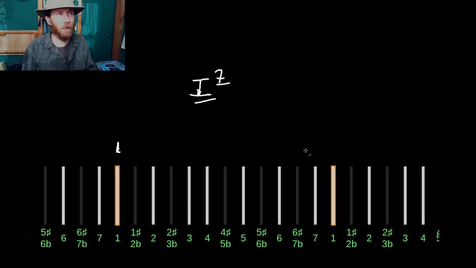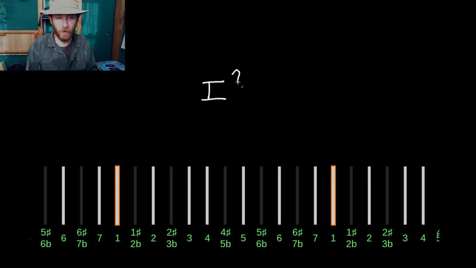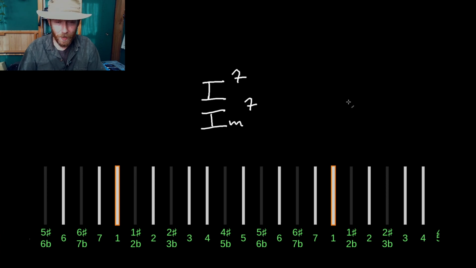And you asked, is it major or minor? Let's look at a 1-7 versus a 1 minor 7. The short answer is that the 7 is not major or minor per se.